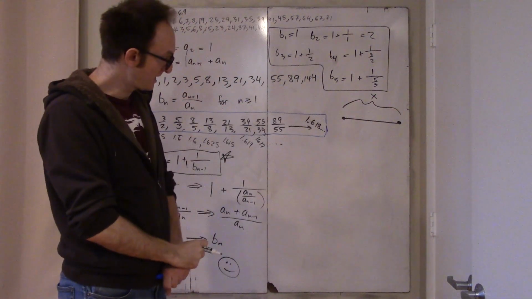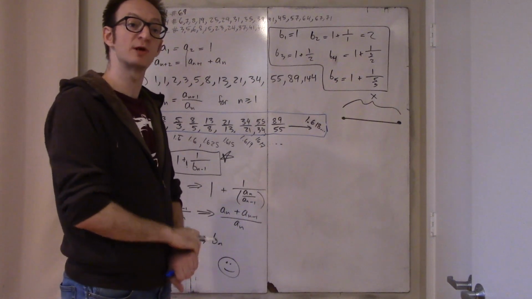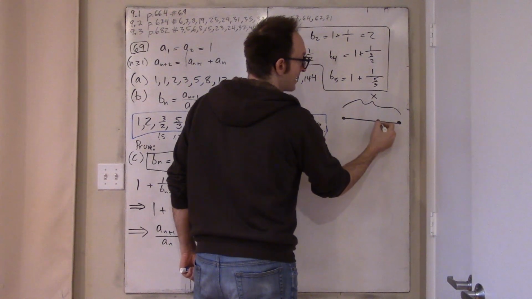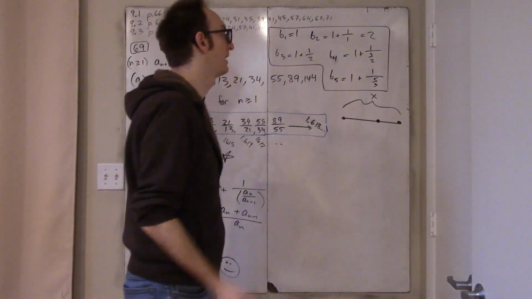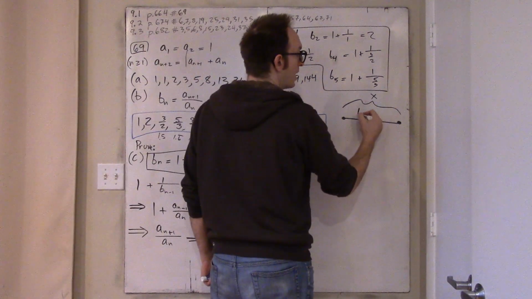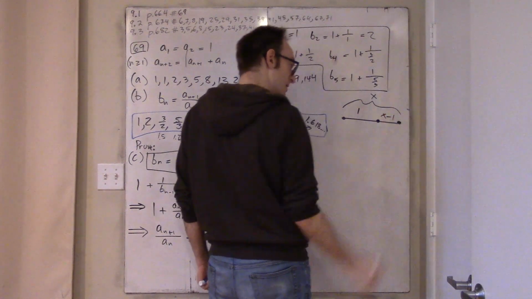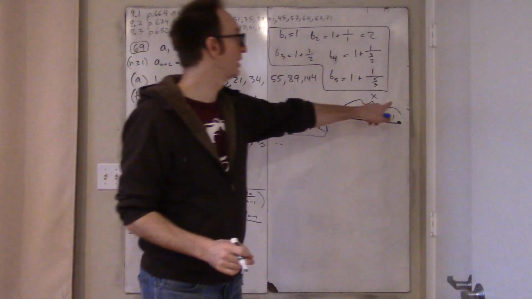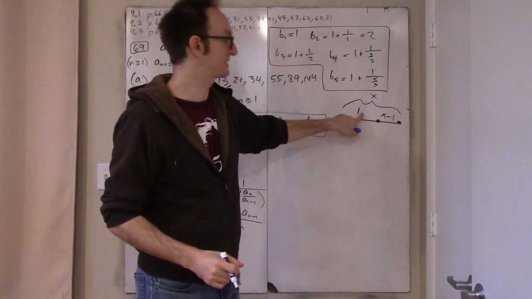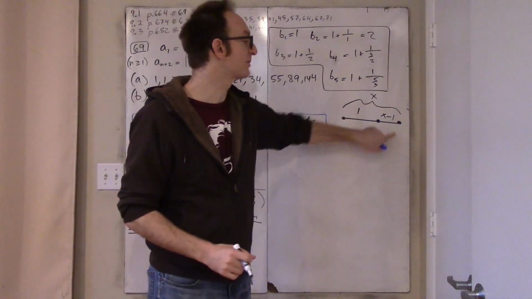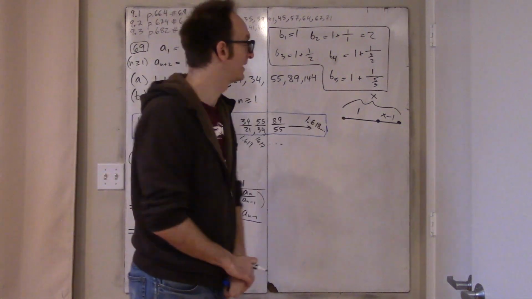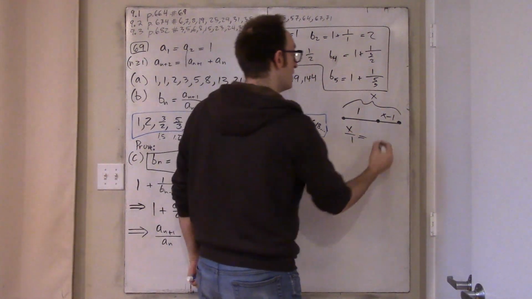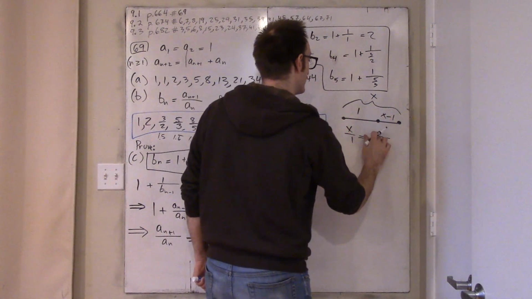To divide this segment up into the golden ratio is to divide it into two pieces, call them 1 and x minus 1, such that the ratio of the whole to the large part is the same as the ratio of the large part to the small part. Okay, so then x over 1 is 1 over x minus 1. I hope I did that right. I think I did.